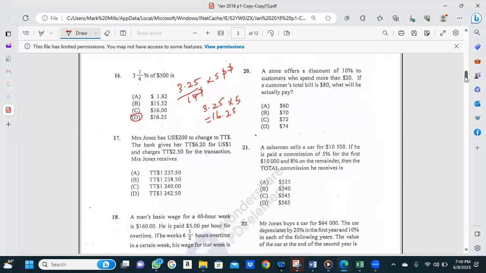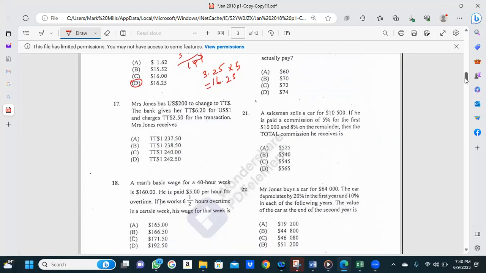All right. So this one now. Miss Jones has $200 to change to TT, right? The bank gives her $6.20 for US $1 and charges $2.50 for the transaction.